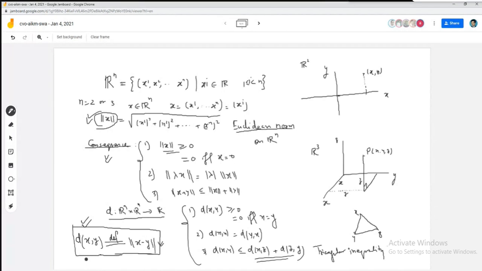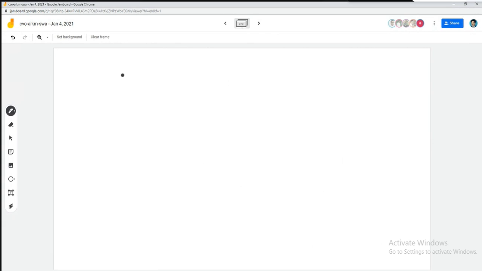So this is an exercise for you to complete, that this distance, this function d, actually satisfies all these three conditions, and therefore it actually becomes a distance on Rn, so that it becomes a metric space. So this is an exercise: show that d is a metric on Rn.